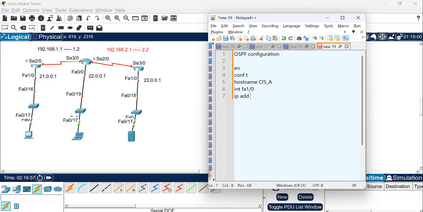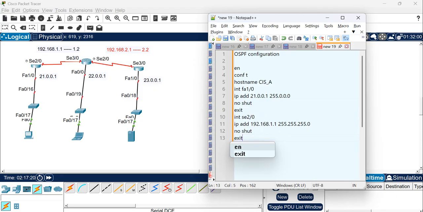Then IP address 21.0.0.1, subnet mask 255.0.0.0, no shut, exit. Then interface SE 2/0, IP address 192.168.1.1. Subnet mask is 255.255.255.0, then no shut, then exit.